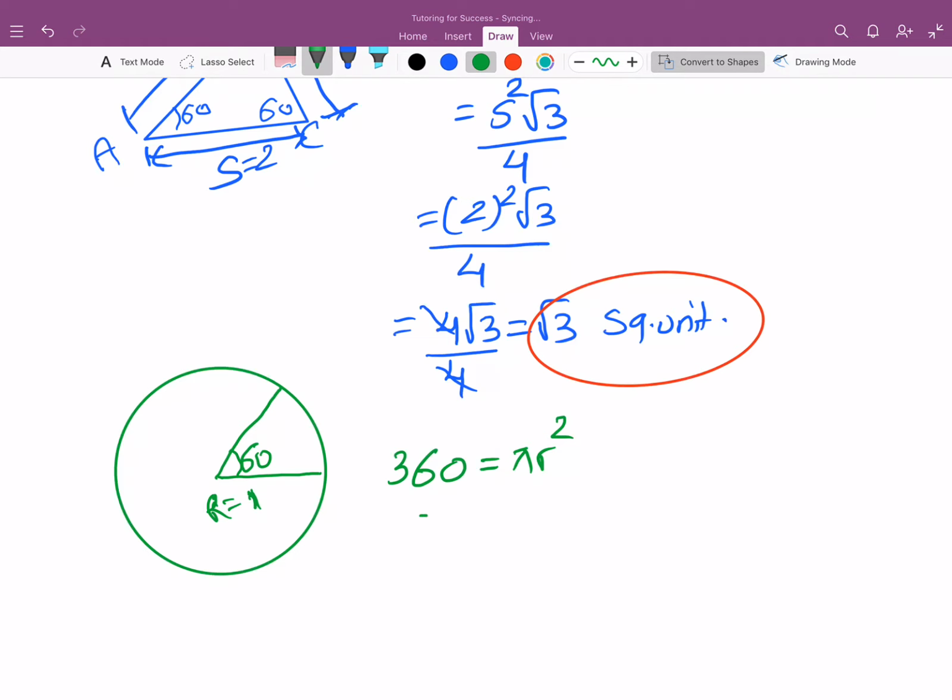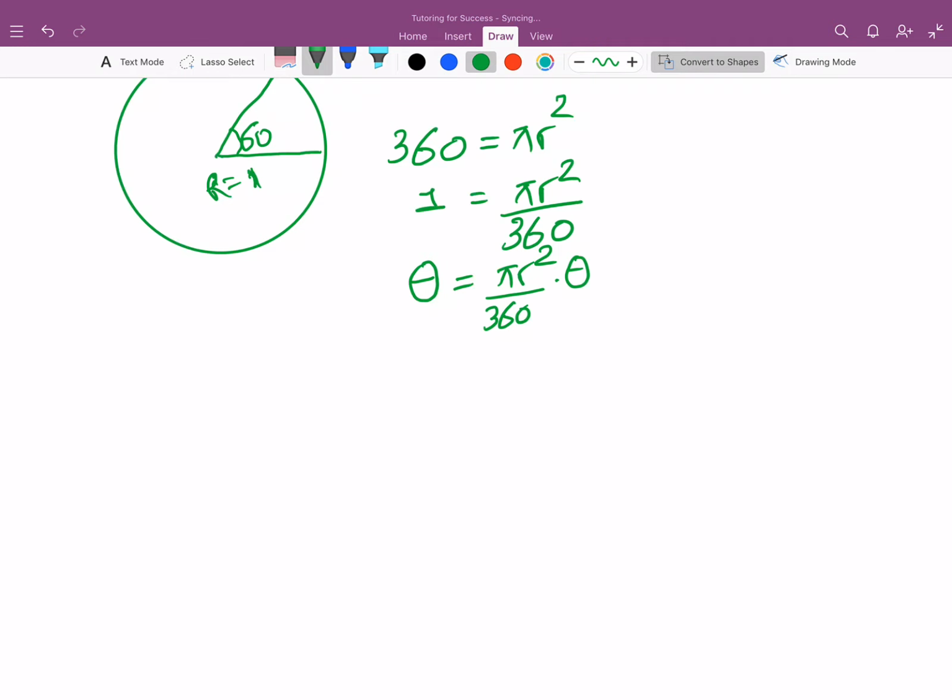So for 1 degree, the area will be pi r squared divided by 360, because you have to divide it into 360 different parts to get one part out of 360 degrees. But in our case, we are not looking for the area of 1 degree. We are looking for the area of an arbitrary angle, which in my case is theta. So if theta is the angle of a sector, the area of my sector will become pi r squared over 360 times theta.